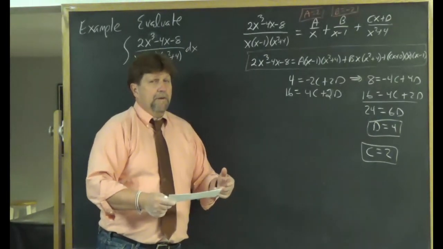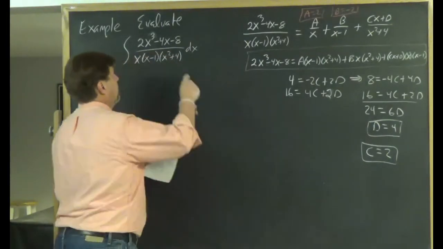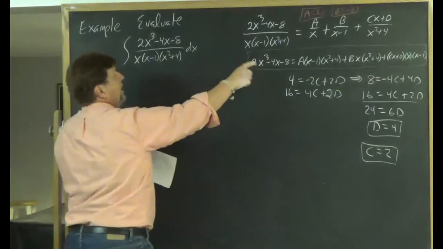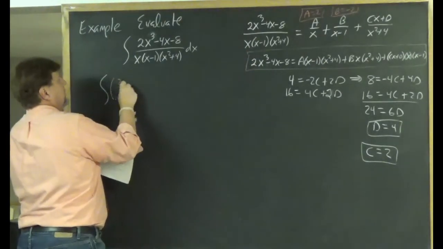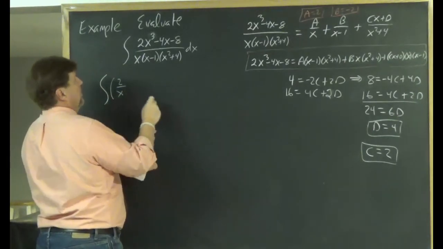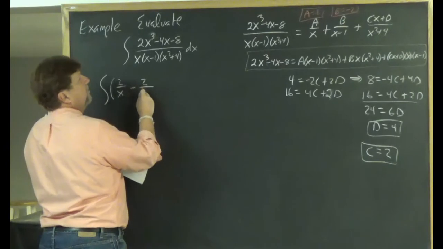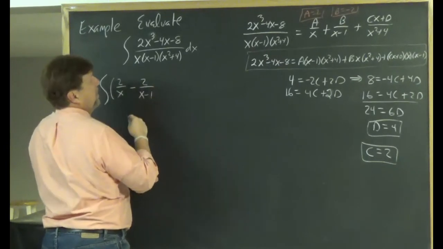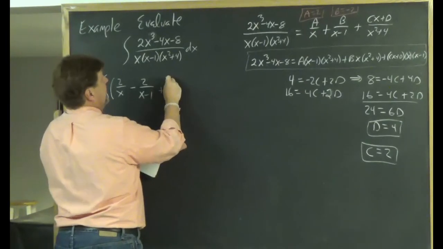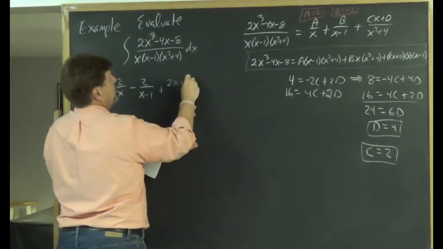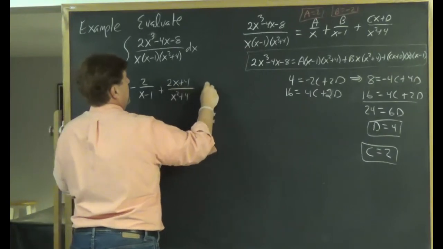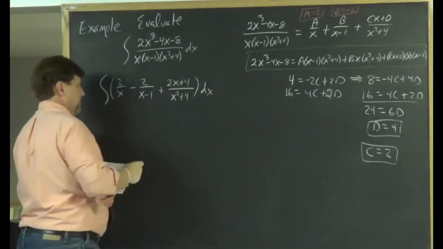So a lot of algebra we've done just so we can rewrite the original integral as 2 over x, plus minus 2 over x minus 1, plus 2x plus 4 over x squared plus 4 dx.